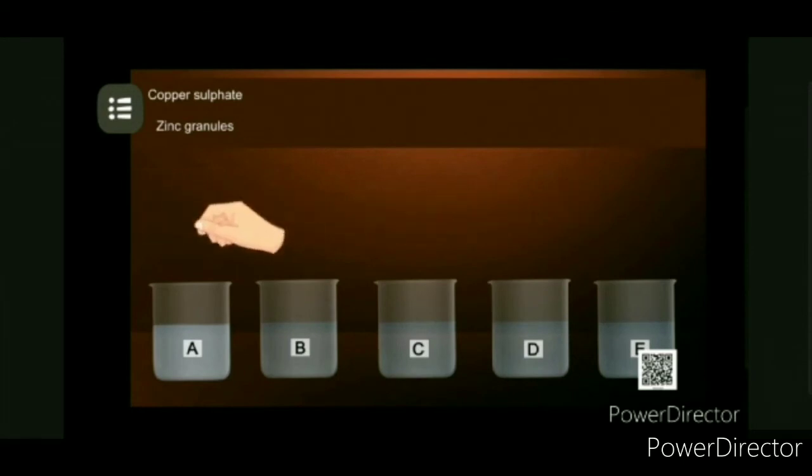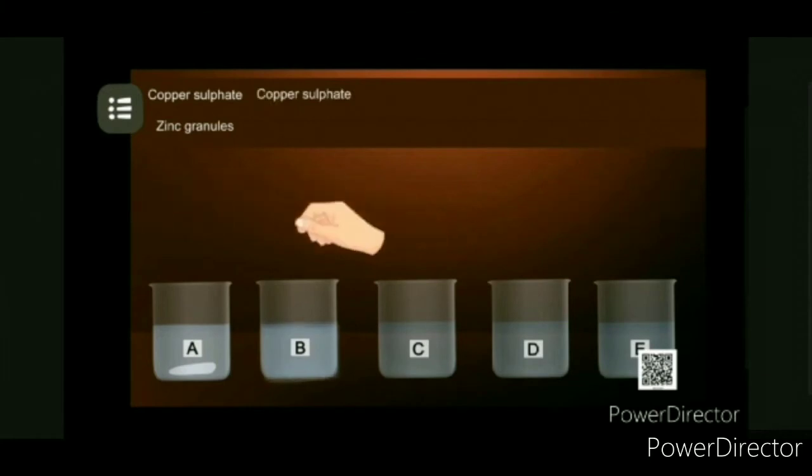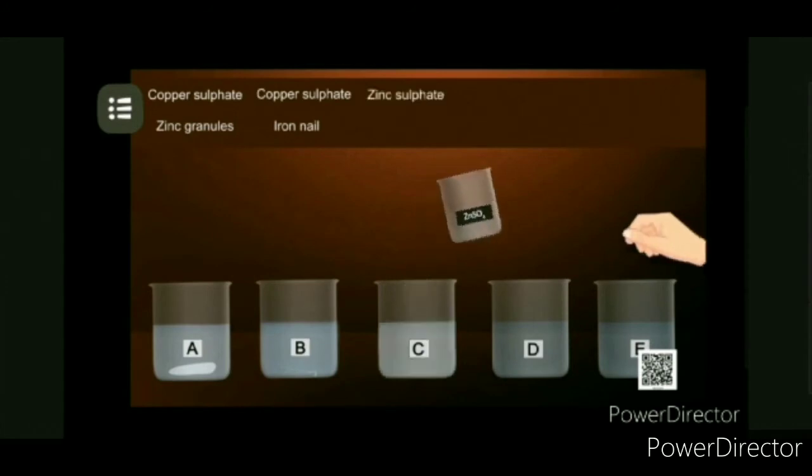In beaker A, we put copper sulphate and zinc granules. In beaker B, we put copper sulphate and iron nail. In beaker C, we put zinc sulphate and copper turnings.